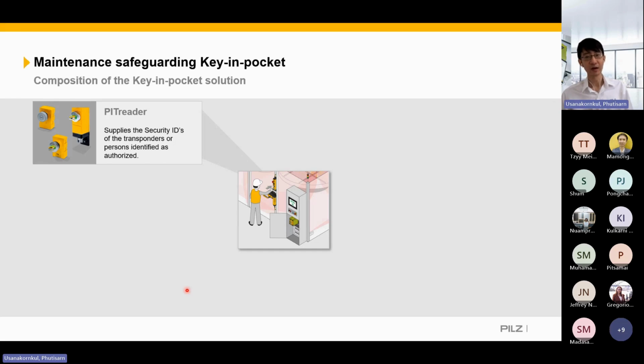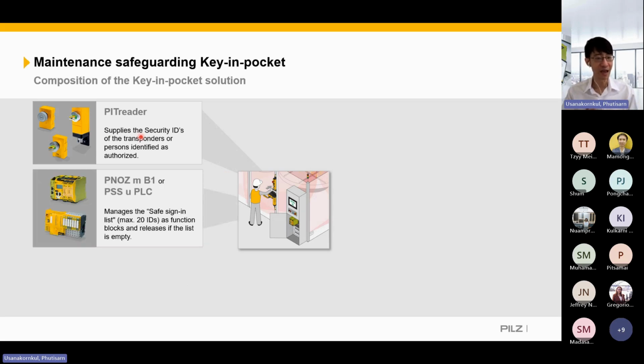Okay. Now, if you want to implement this key in pocket solution, what do you need to have, right? Basically, first thing you need reader, right? Because you want to be able to identify the access. Okay. Then you have the safety controller. Okay.